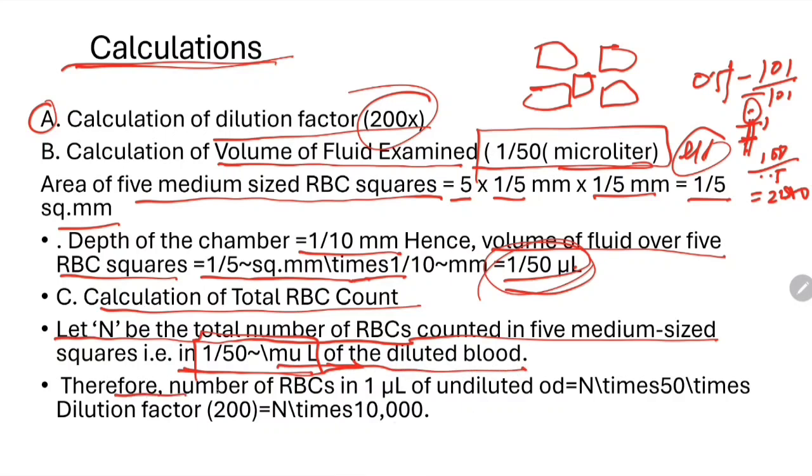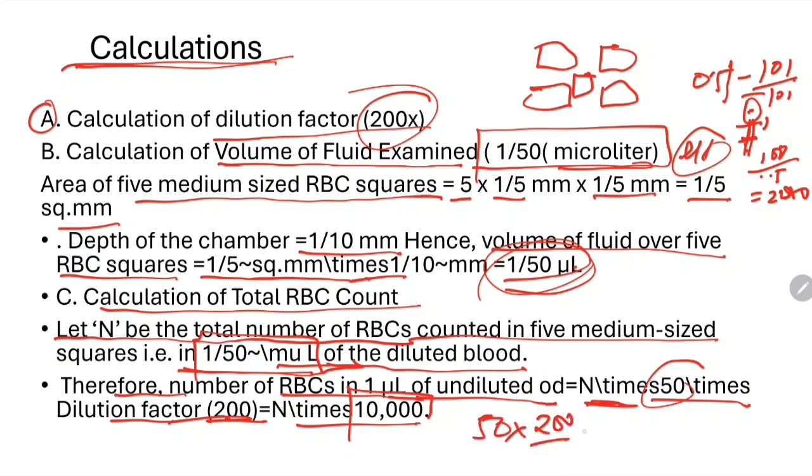Therefore the number of RBC in 1 microliter of undiluted blood will be n times 50 times the dilution factor of 200. To convert the volume into 1 microliter we multiply by 50, and the dilution factor is 200 times. So 50 into 200 gives 10,000. So total cells n into 10,000.